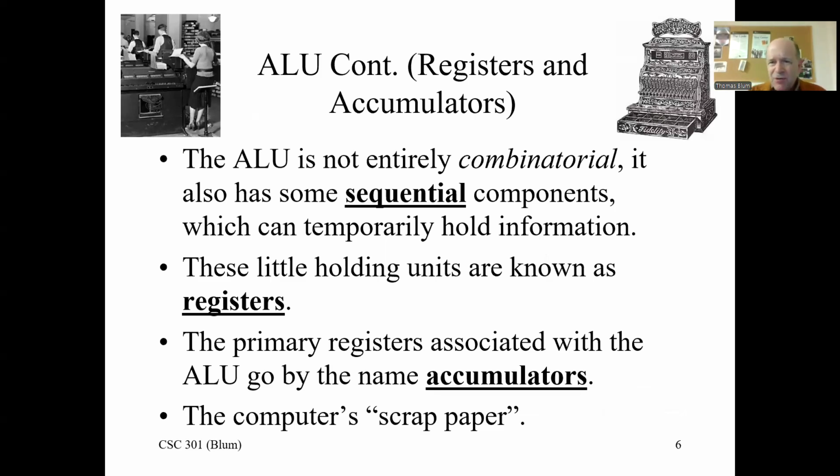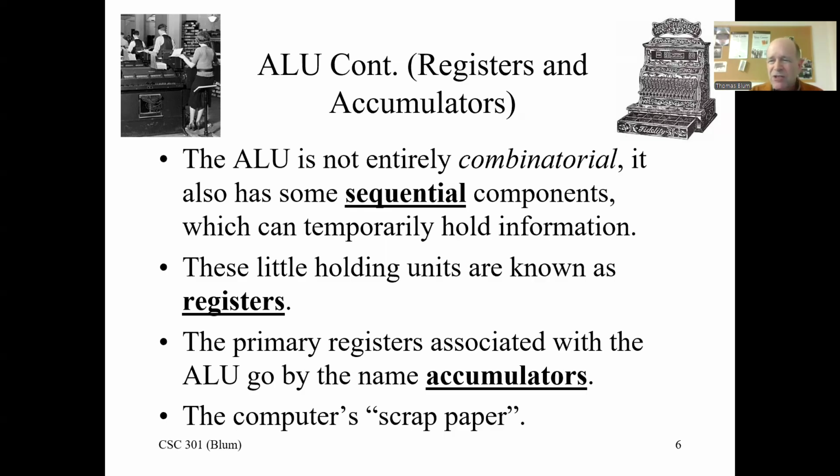We said that if the logic is all determined by the inputs and nothing that might have happened previously, it was combinatorial. But some things depend on what we've done in the past.